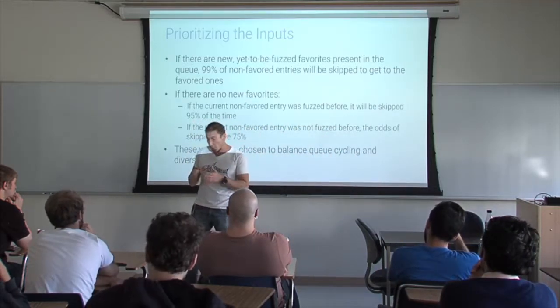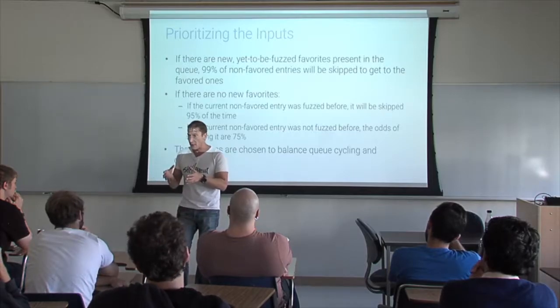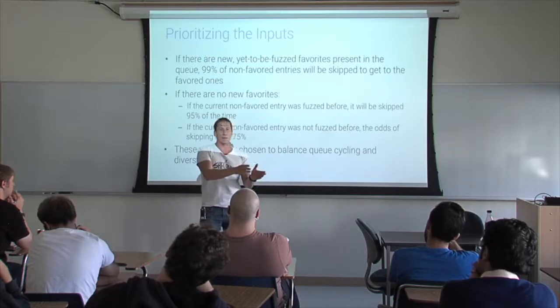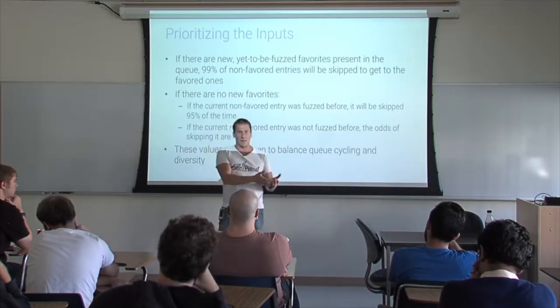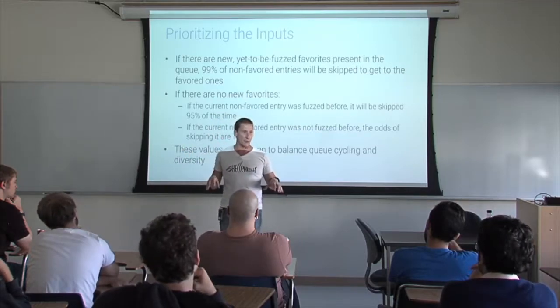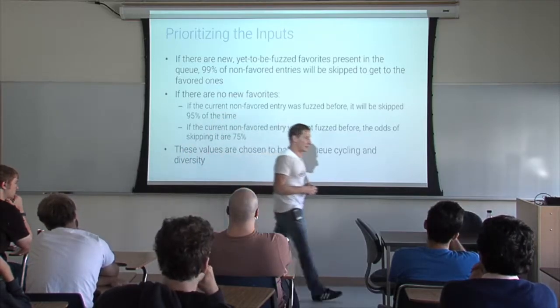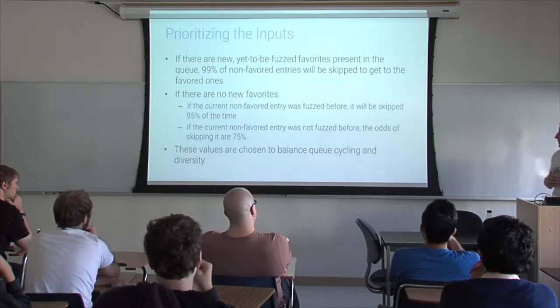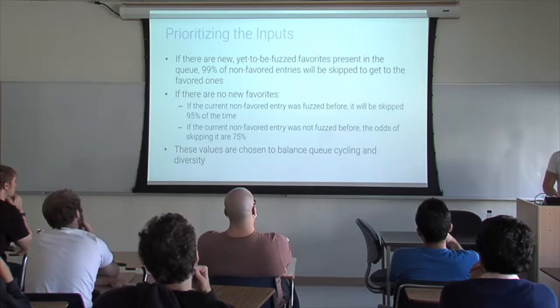Because, for example, if you start valuing always the same thing, you will always fuzz the same location. And once in a while, you want to look at something completely different that you haven't fuzzed yet. You don't want to get stuck on a specific part of the program. And of course, these things can be parameterized, and you can decide which is the best policy.